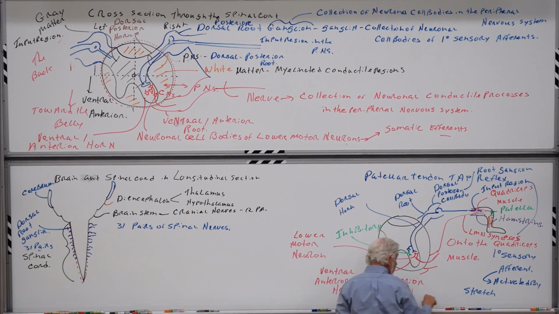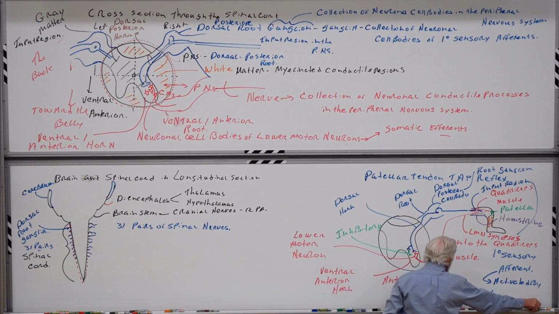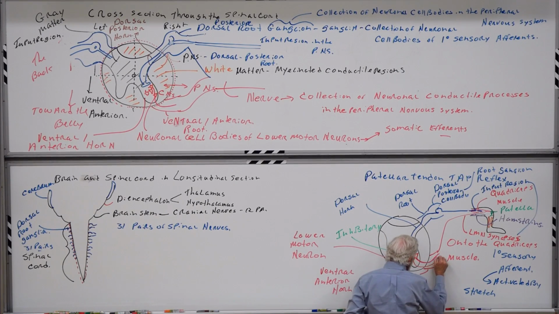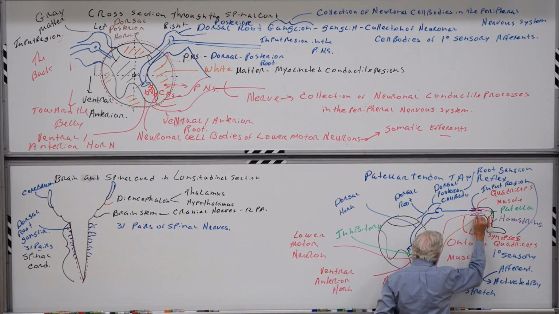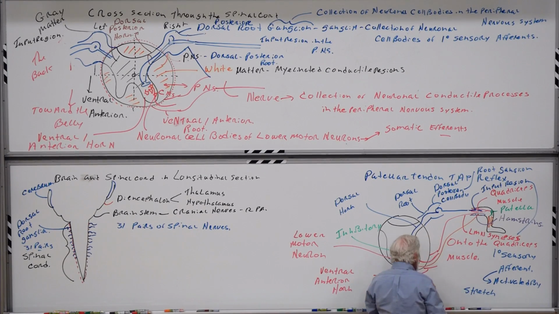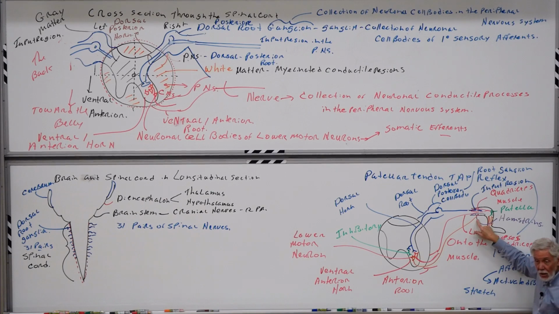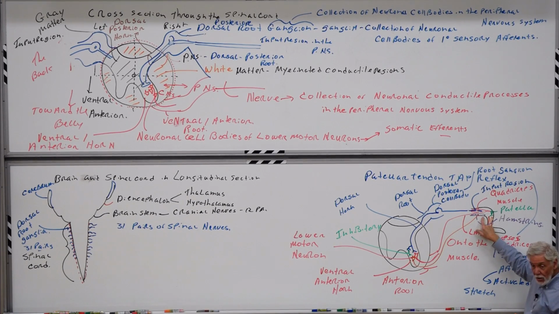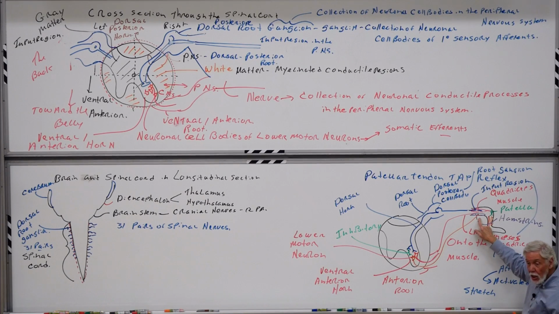And now this orange neuron, this orange lower motor neuron, is going out and it's going to innervate the hamstrings muscle. But recognize out here that this is a synapse between the lower motor neuron and the muscle. The neurotransmitter here is going to be acetylcholine. It's just an excitatory neurotransmitter that's going to tell the muscle to contract.